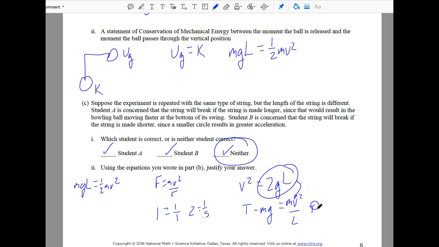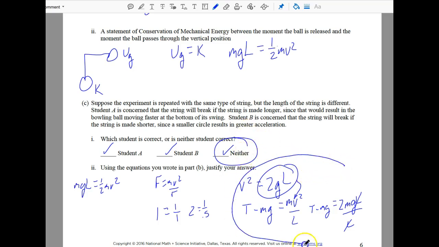And if you do that, you get T minus mg is equal to 2mgL all over L. And so those L's cross off. And so now your final equation is T minus mg is equal to 2 times mg. And that's really it. So you wouldn't want to do anything else, but this is the ultimate answer.